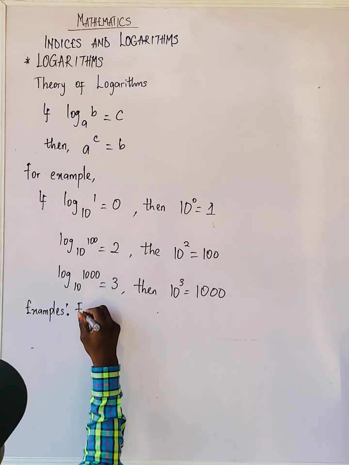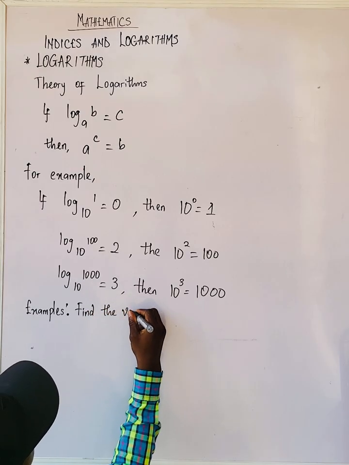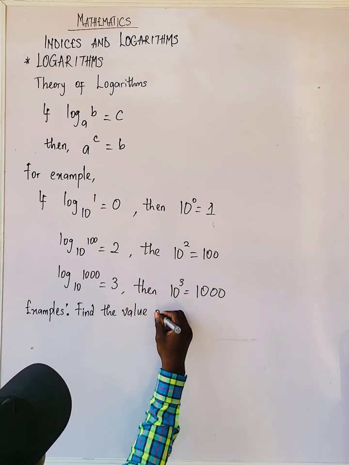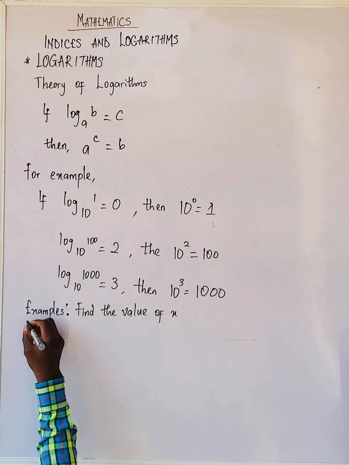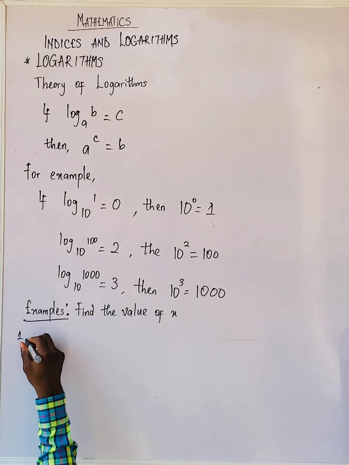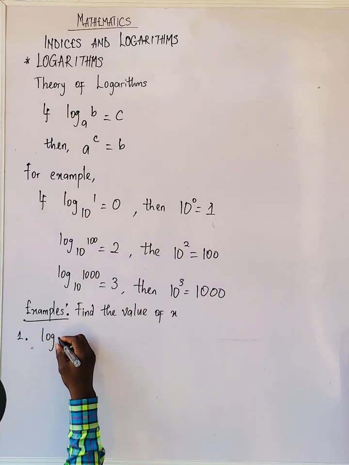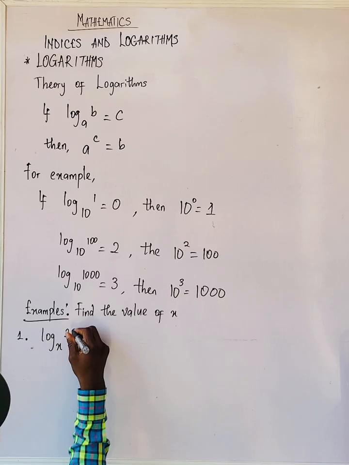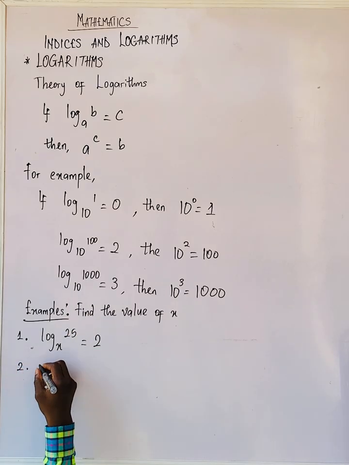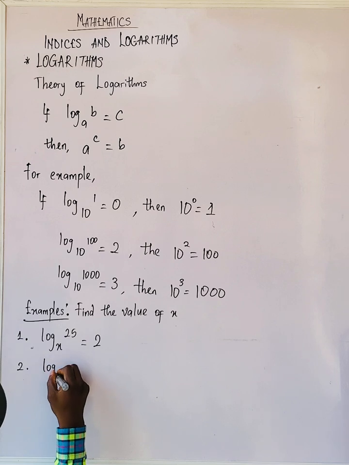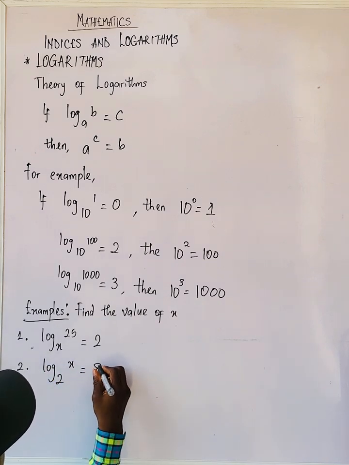It says find the value of x below. Question 1 says log x to the power of 25 is equal to 2. Let me just write the question. Then question 2 says log 2 to the power of x is equal to 8.